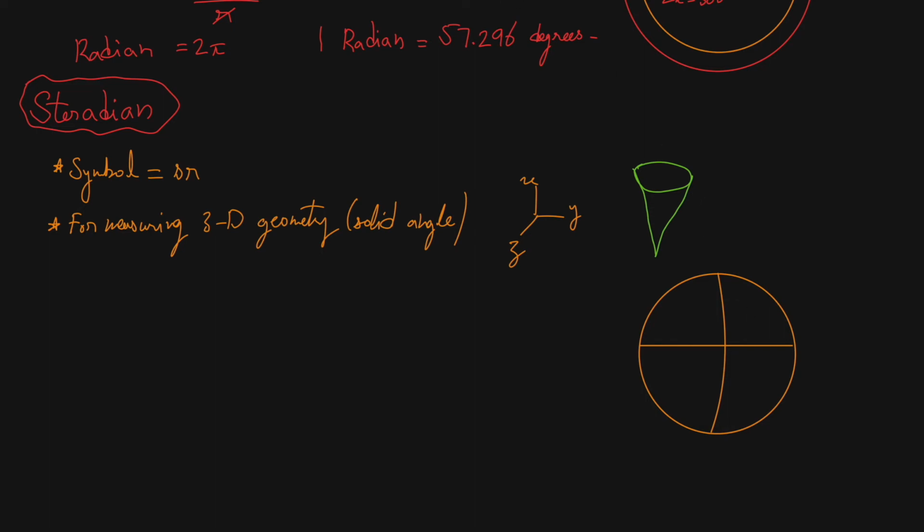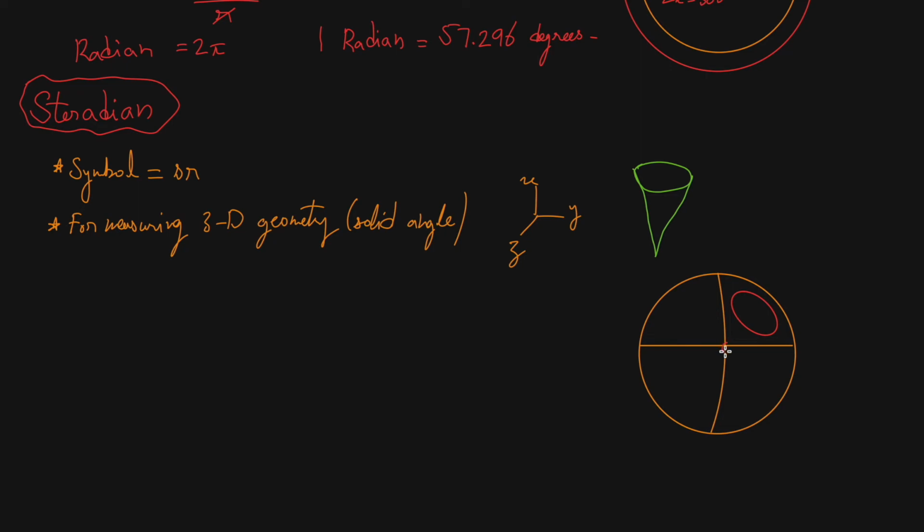So if we take an area, for example this area, it should be equal to the square of the radius, which is basically the distance from the center to the boundary of the sphere.